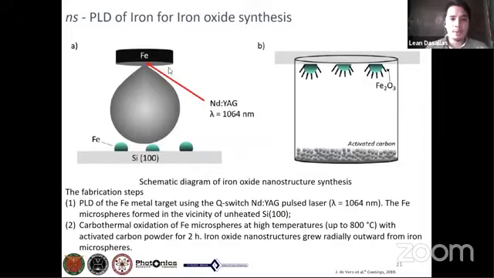So in the first part, we deposited iron microspheres on the surface of silicon using an Nd:YAG pulse laser. And after we obtained these iron microspheres, we placed them in a carbothermal oxidation chamber. We placed activated carbon at the bottom and heated up the system at different temperatures up to 800 degrees Celsius.